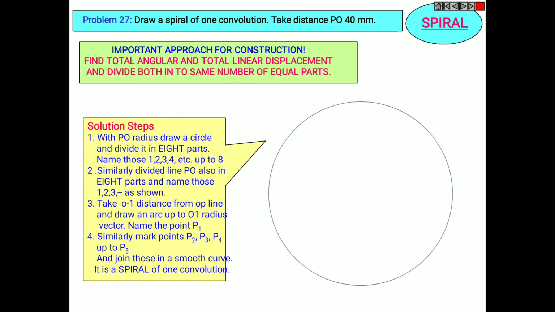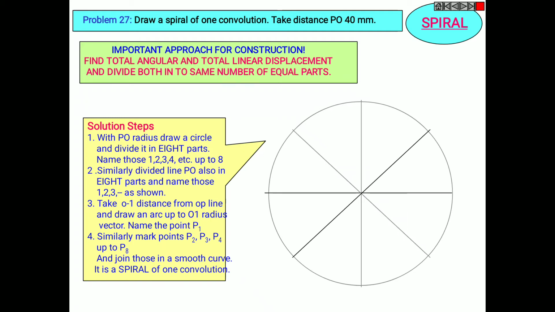Draw the circle with a given radius and divide it into 8 equal parts and name them in the anti-clockwise direction from 1 and so on to 8. And then from the center O to P, divide again into 8 equal parts and name them from 1 to 8 from right to left.